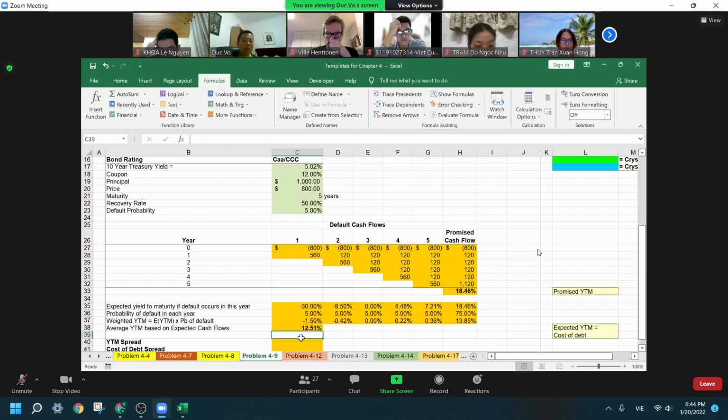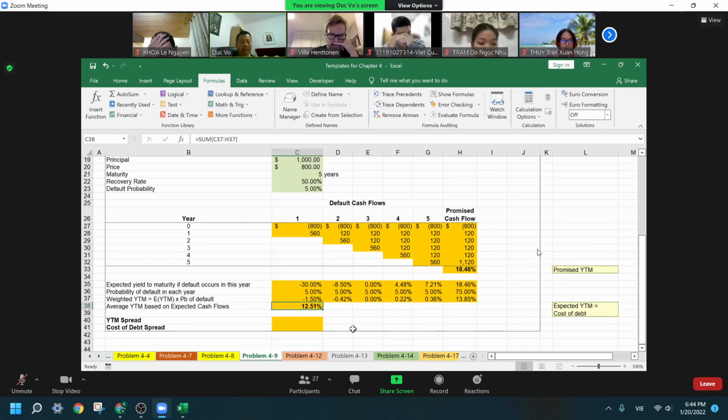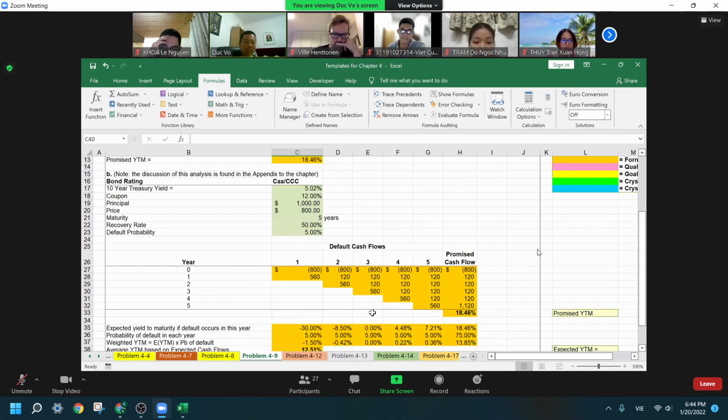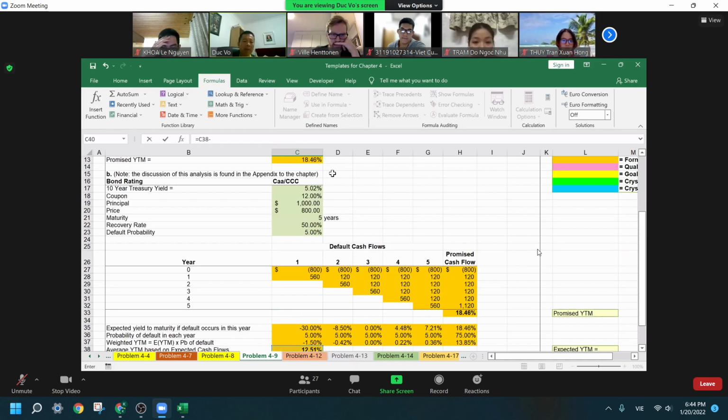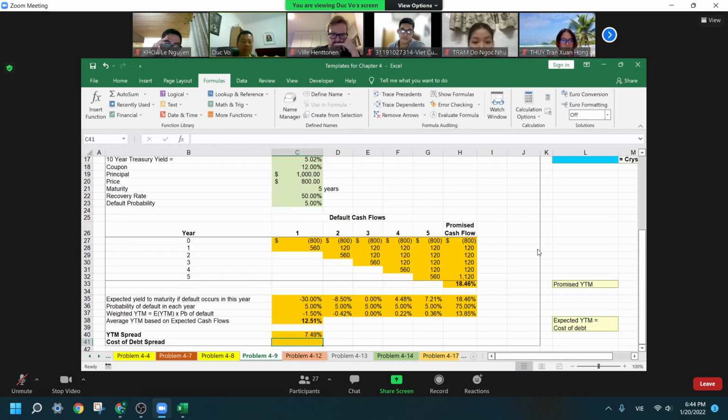So you see that the YTM based on the expected cash flow is not 18.46%, but 12.51%. So the YTM spread, I'm not sure they provide you with the risk-free rate, right? The YTM spread is just one minus the risk-free rate, so you get about 7.49%.